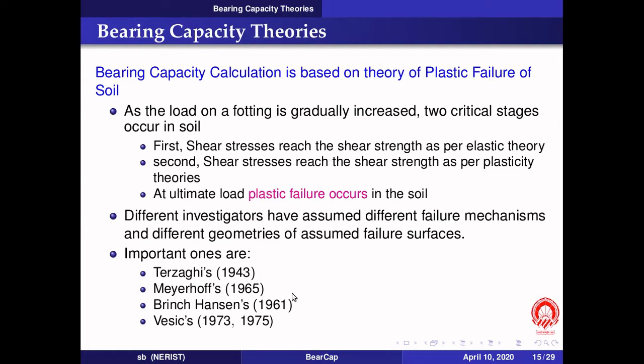Now these are the things written in this slide which we have already discussed. As we gradually increase the footing load, initially the soil reaches the elastic limit, and then shear stresses reach the plastic shear strength as per the Mohr-Coulomb failure theory or other plastic theories, and at the ultimate load the plastic failure occurs in the soil.